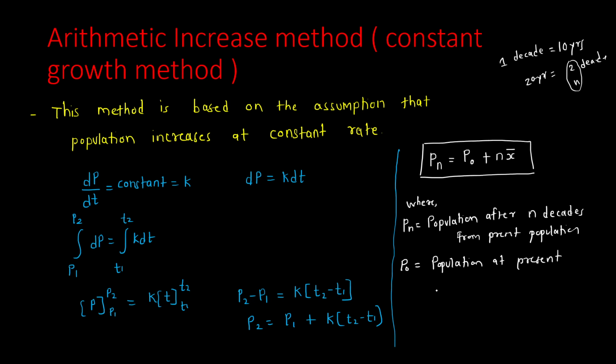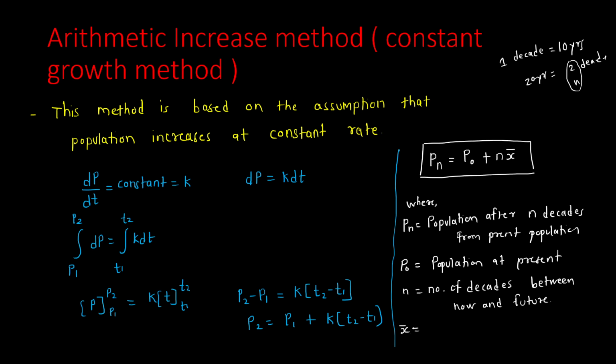So what is the latest population? That will be the population at present, P naught. What is the n value? The n value is the number of decades between now and the future. And the last is x bar.